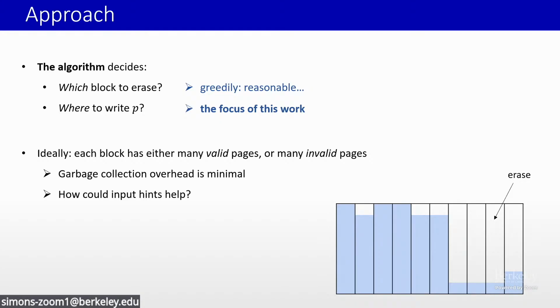This is an ideal picture, and the question is how can I achieve it? Clearly, if I can maintain this picture, then the garbage collection overhead is going to be minimal, with very few rewrites. Given the lower bounds on any online algorithm that we've seen previously, we will need some hints about the future. Otherwise, we're stuck with these bounds.